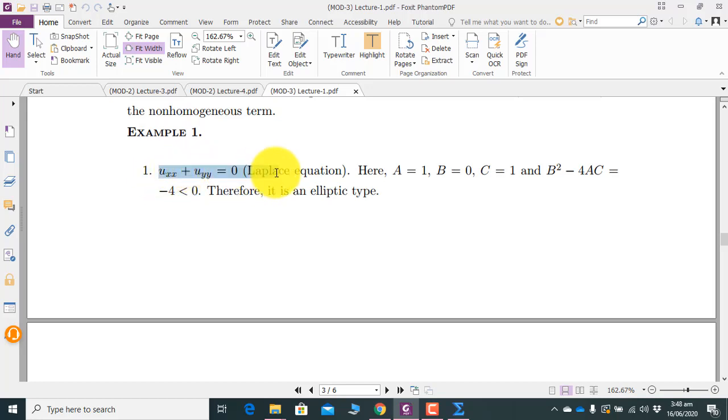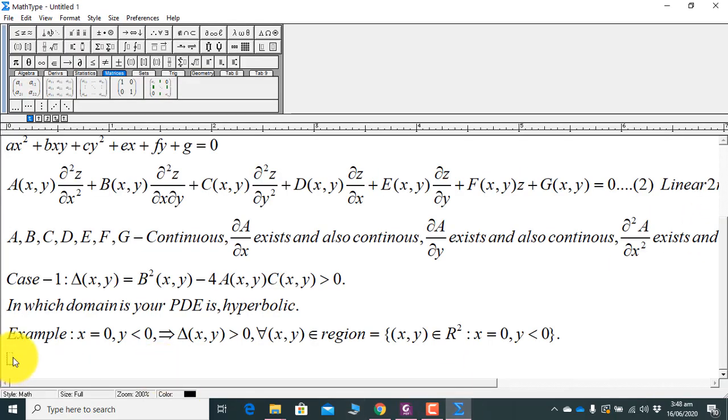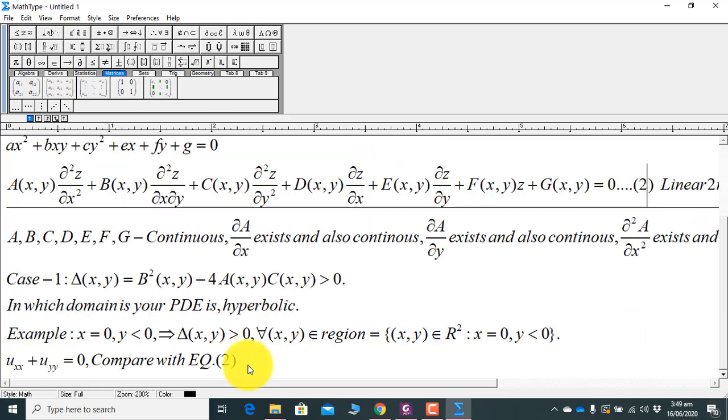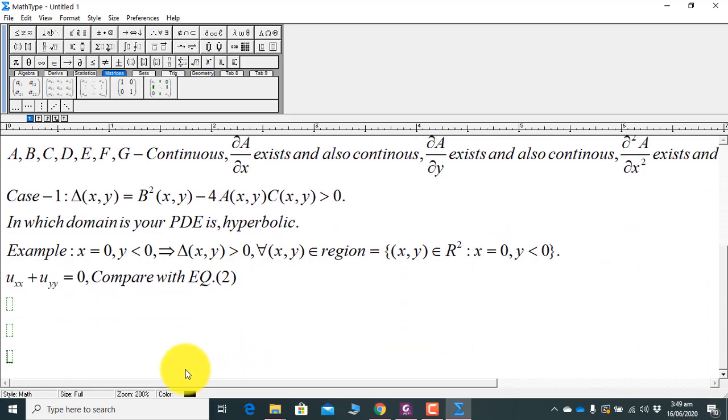This is a second order partial differential equation, famously known as the Laplace equation. You have to compare that with the original form. So write down formally u_xx plus u_yy equal to 0. If you compare this with equation 2, what will you get?